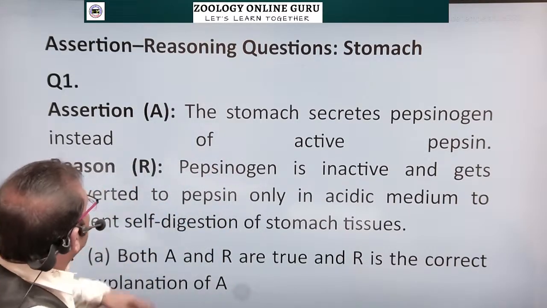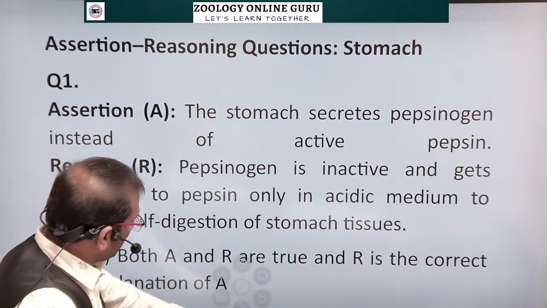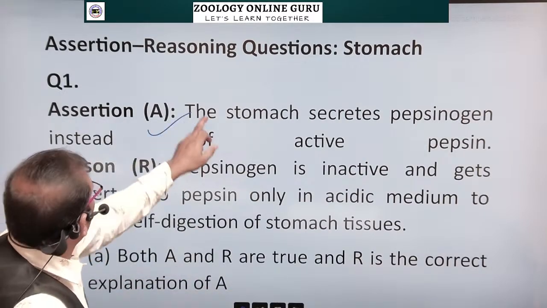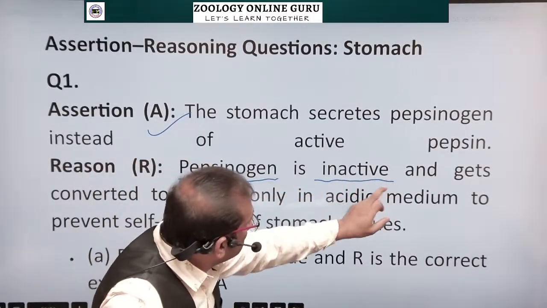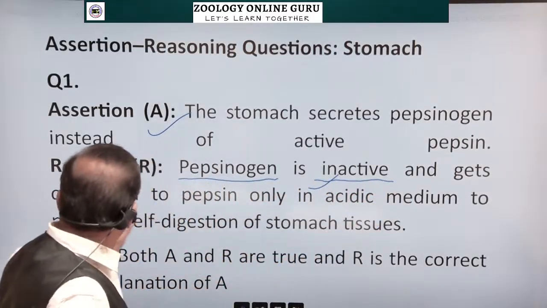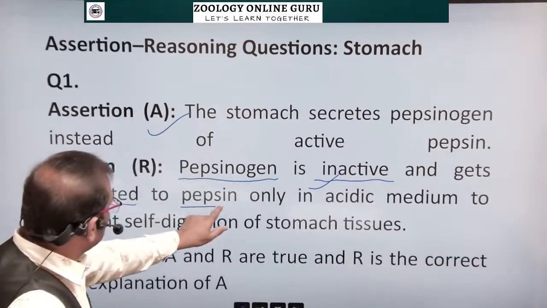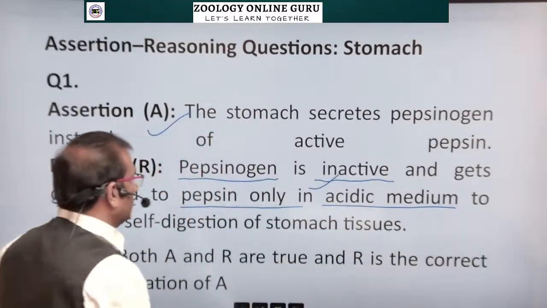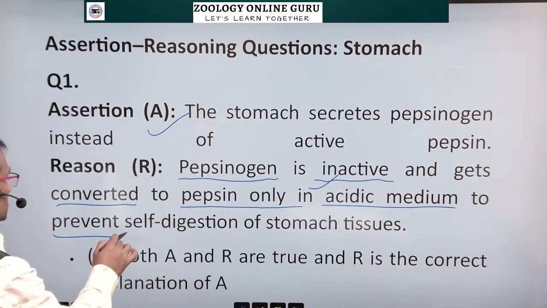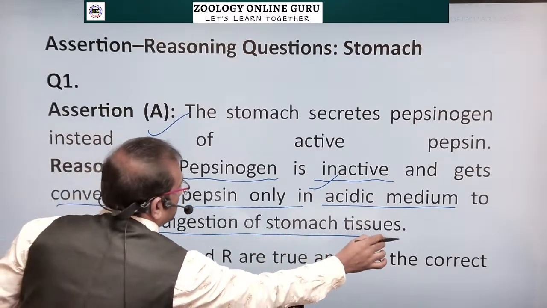The reason: pepsinogen is inactive and gets converted into pepsin only in an acidic medium, to prevent self-digestion of our stomach tissue.